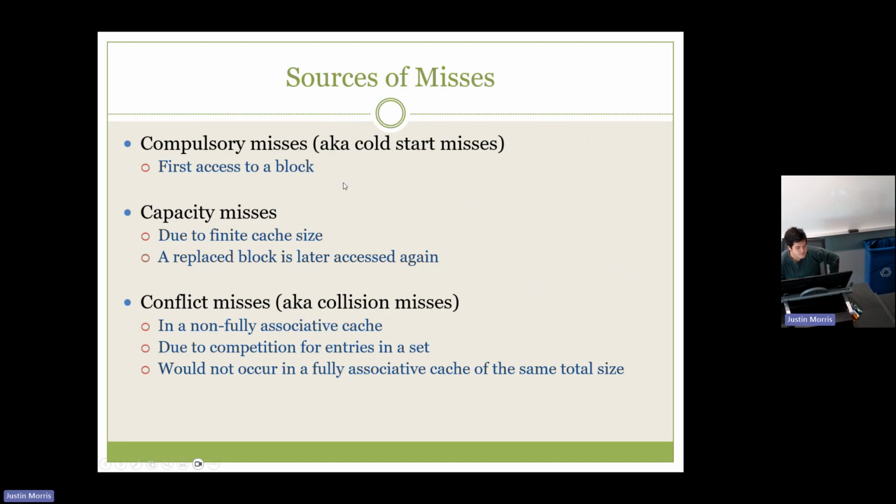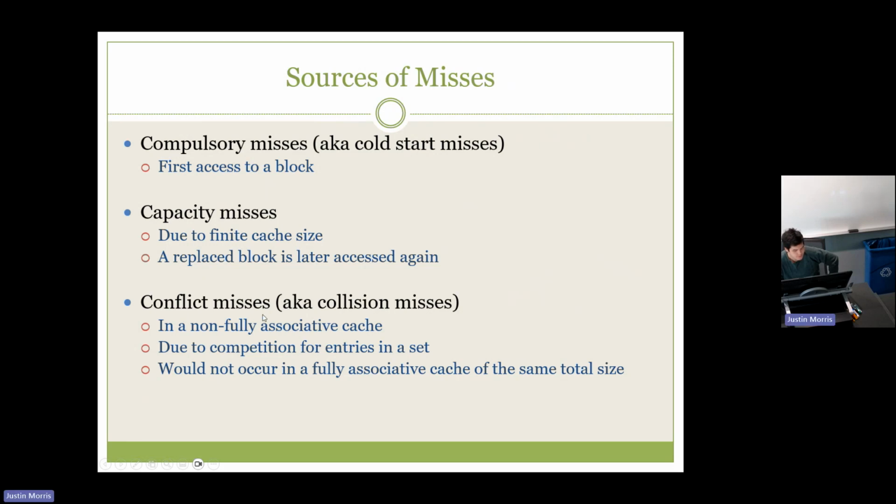So we have these different types of misses. Compulsory misses. This is just, I've never had a chance, right? This is the first time I'm accessing this block. Capacity misses. This is due to finite cache size, right?